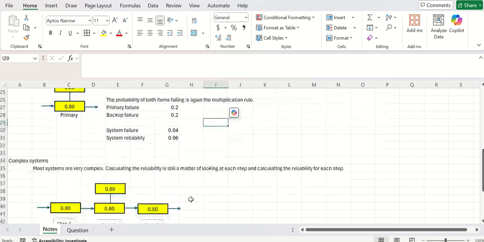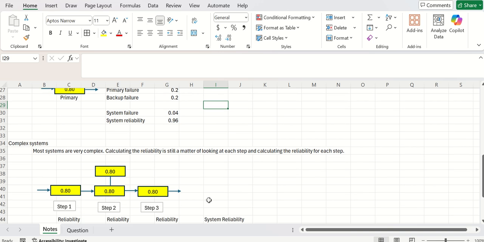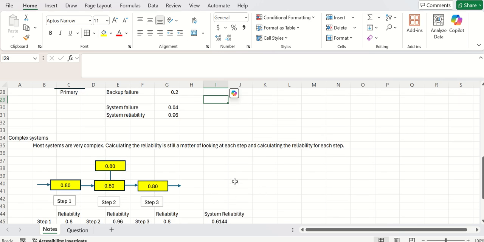Now, next part is that we will go into more complex systems. Most of the systems that we have out there are a conglomeration of multiple steps, where we have one component, a second component with a backup, and then a third component.